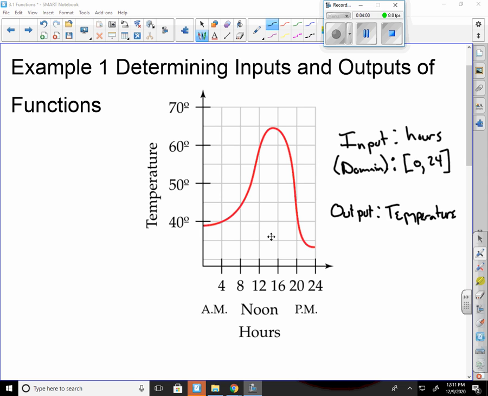This would be about 35, and it goes below that, so say about 33, and then up to about 64. So my range would be from 33 to 64. And it's just a little bit of an estimation or a guess. Pretty easy, right?